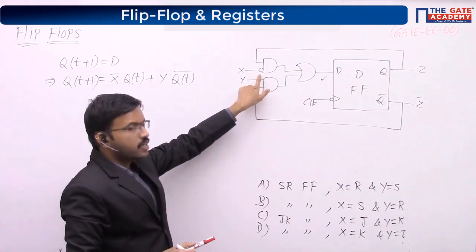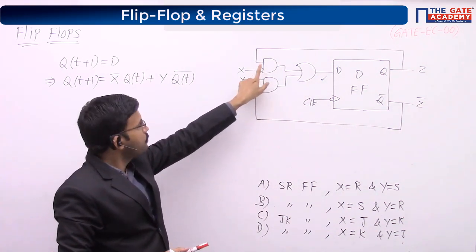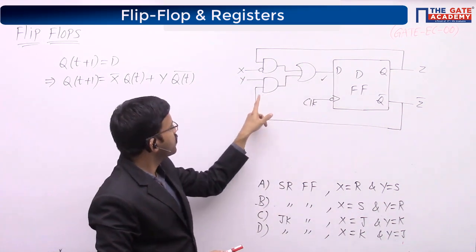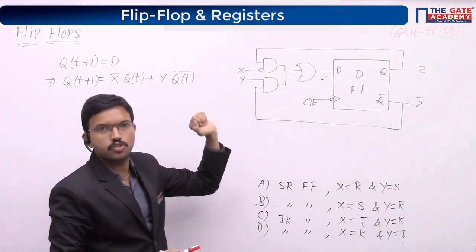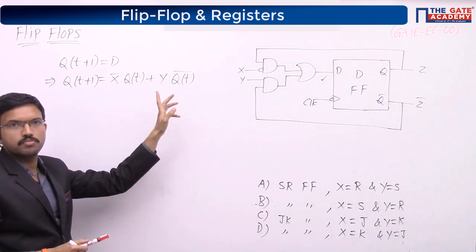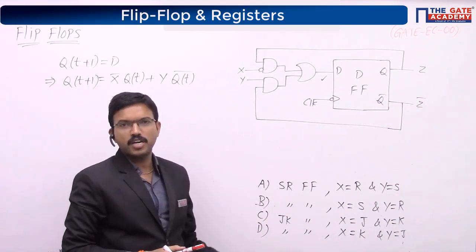Here I am having a bubble, that means x bar, and the other input is Q. Next here y, the other input is Q bar. So D is x bar Q plus y Q bar. Now verify option by option.